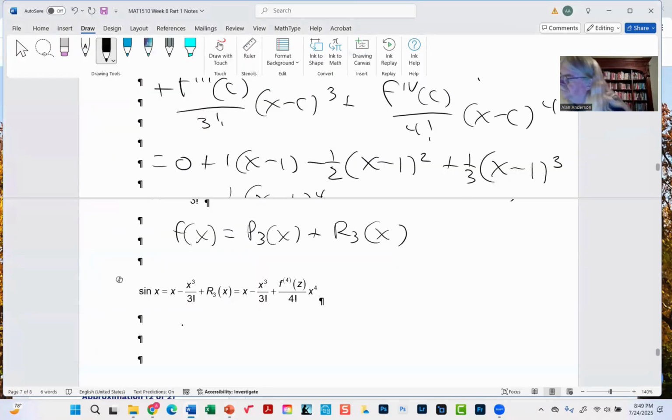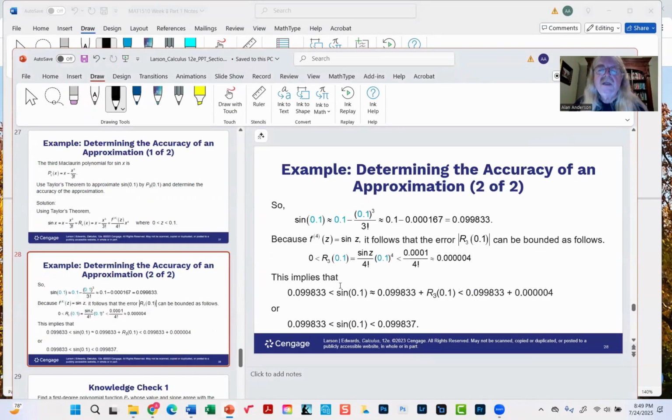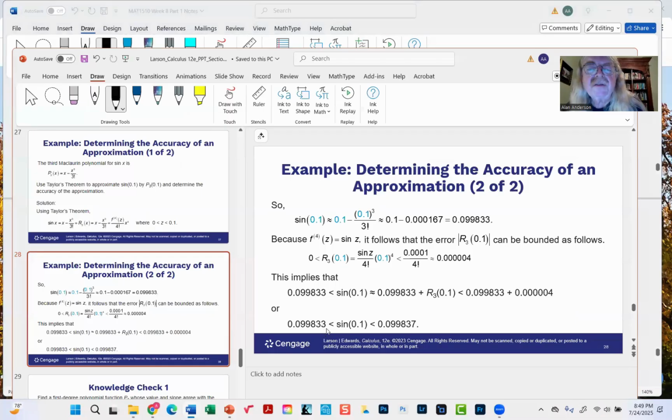And so because of that, you're going to have to start by actually calculating the function itself. In other words, sine of x evaluated at 0.1, which is what we're interested in the first place.